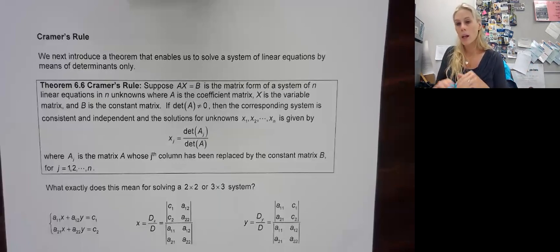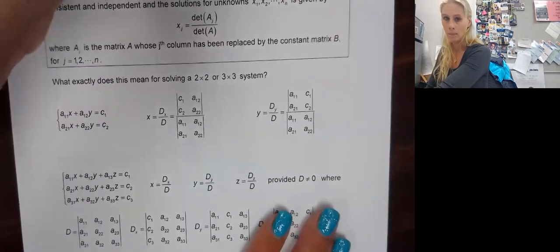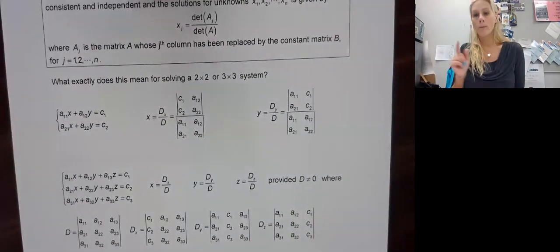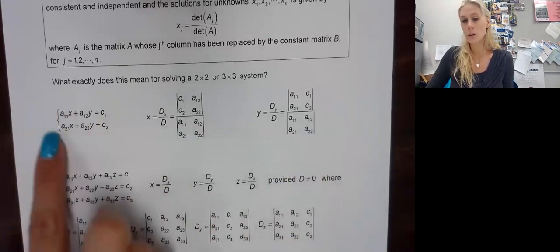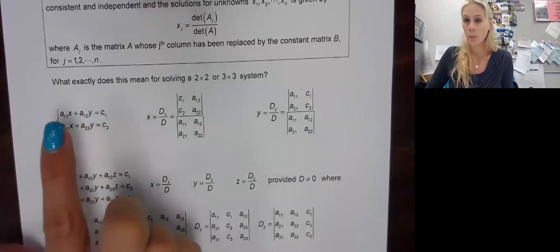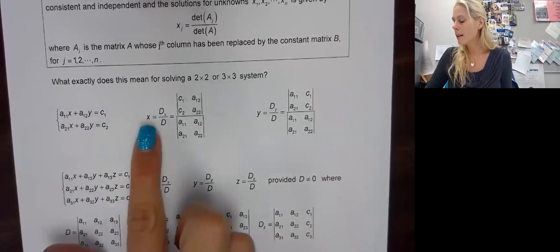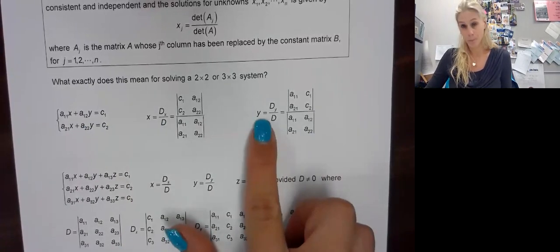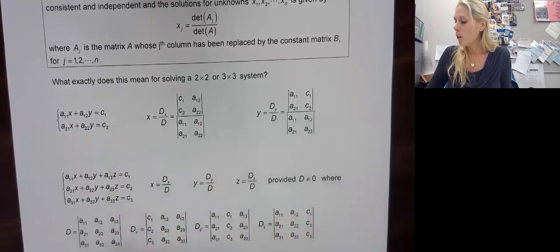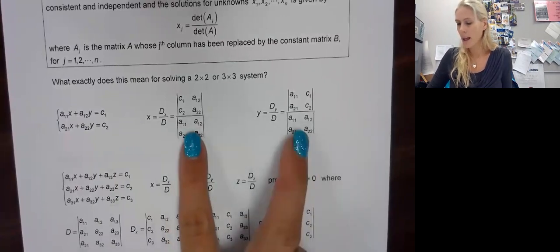So what I want you to notice down below is how we would solve this system, okay? First of all, if you look at the denominators below, this is not a 2 by 2, but it's an x, y equals, x, y equals. So we are able to solve for the x value and the y value. Okay? What we do is we have your matrix determinant in the denominator.